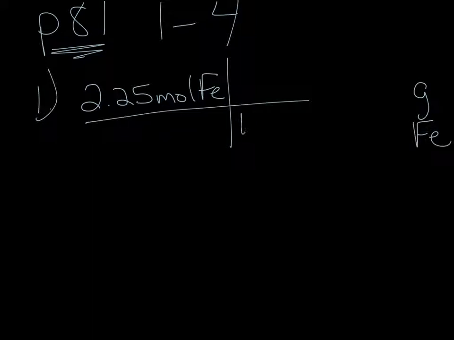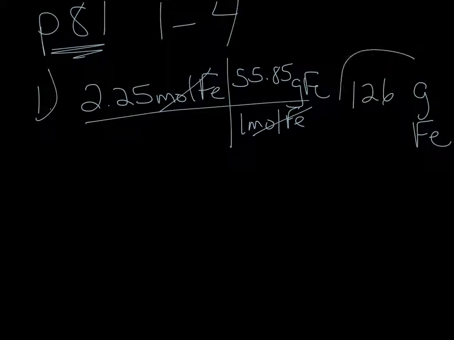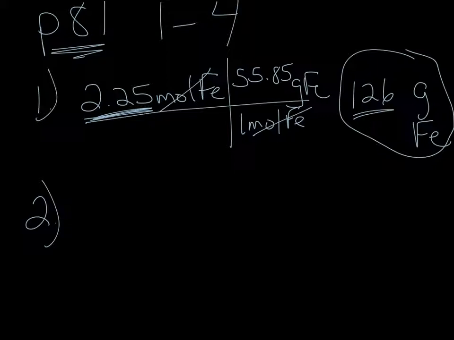So we have 1 mole of iron is how many grams of iron. And so we look at that. Iron is 55.85 grams per mole of iron. And the answer is 126. Following significant digits, we started with 3 significant digits, so our answer has 3 significant digits. So that is number 1.